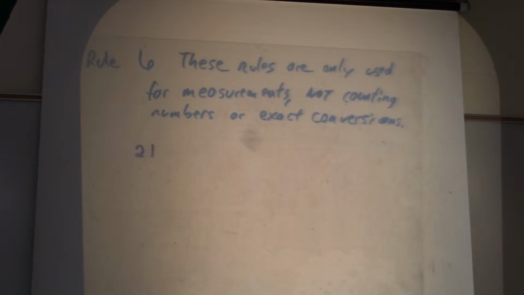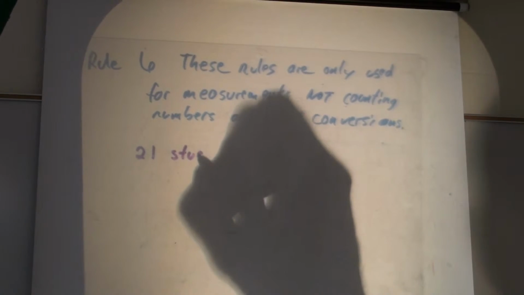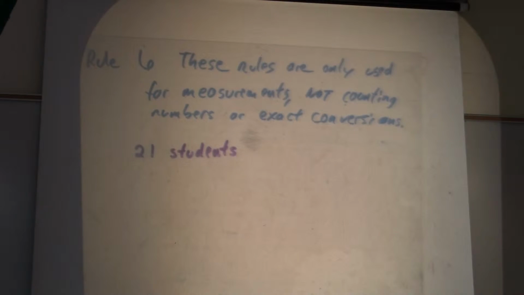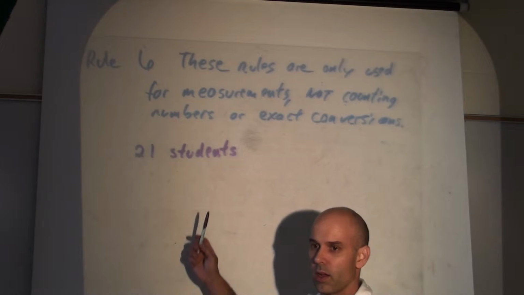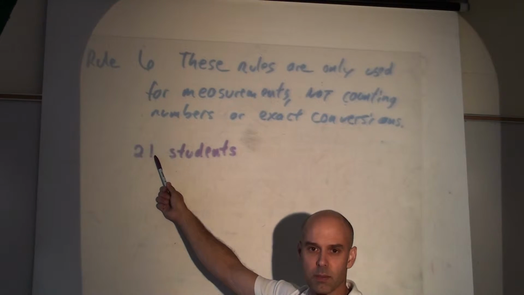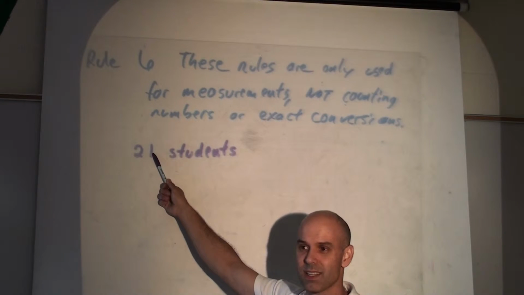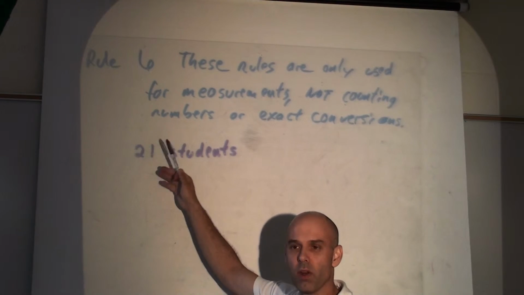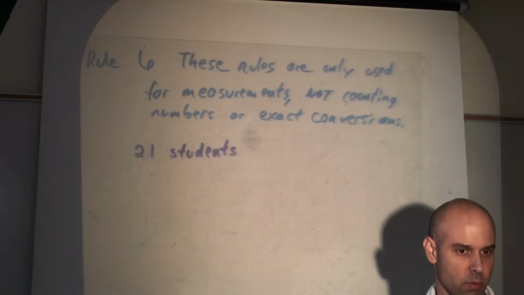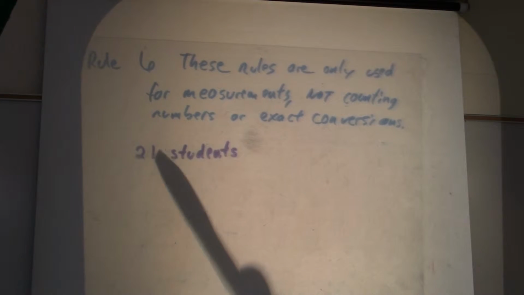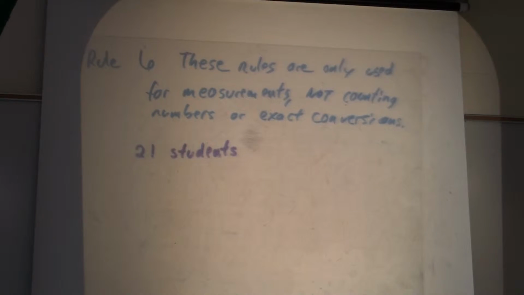So 21 students, because I'm a learner too. Is there any guess about this? Is the 1 a guess? No. We know for certain there are 21 people in the room. We know exactly there are 21 people.